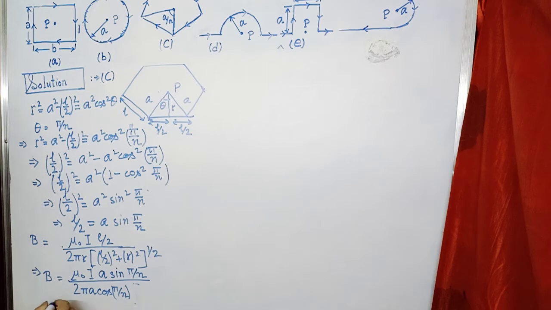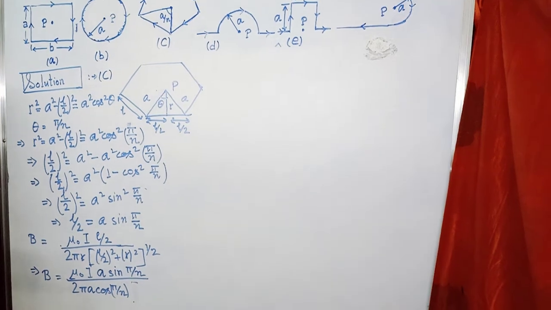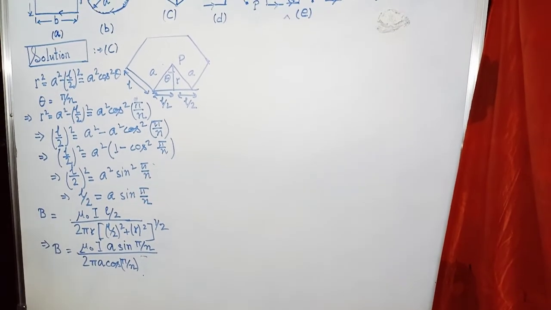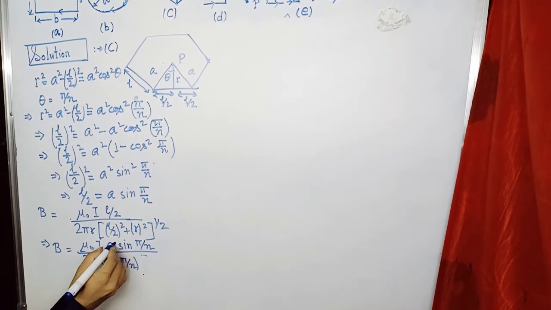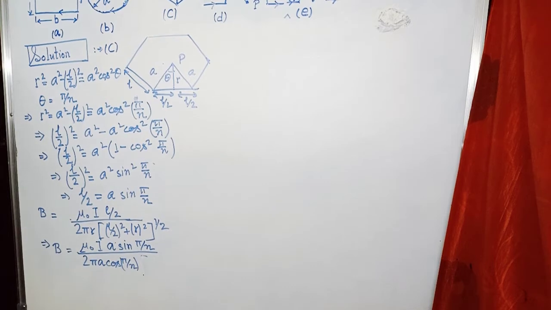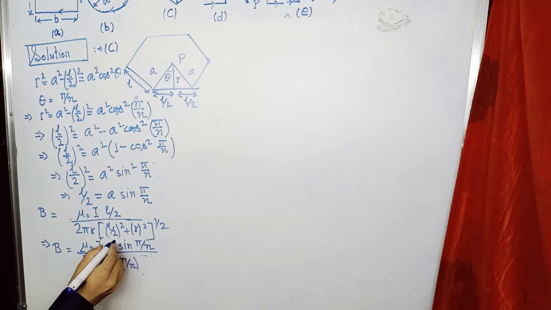Therefore, our net magnetic field at the center of the polygon will be equal to this, and A and A will get cancelled.